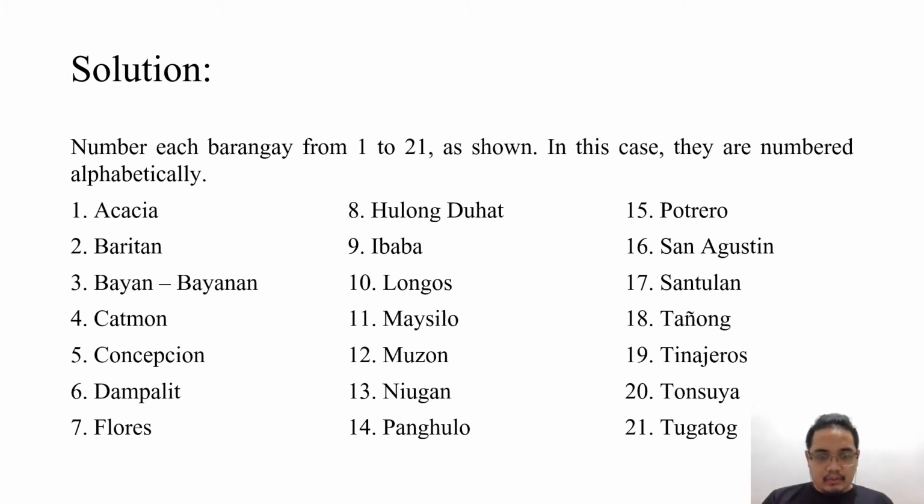So, ano-ano yun? Ito yun, yung 13, 12, 6, 16, and 2. Yan. So, yan yung 5 barangay. So, we have Baritan, Dampalit, Muzon, Nugan, and San Agustin. So, using simple random sampling, nakapili tayo ng 5 out of 21 barangays.